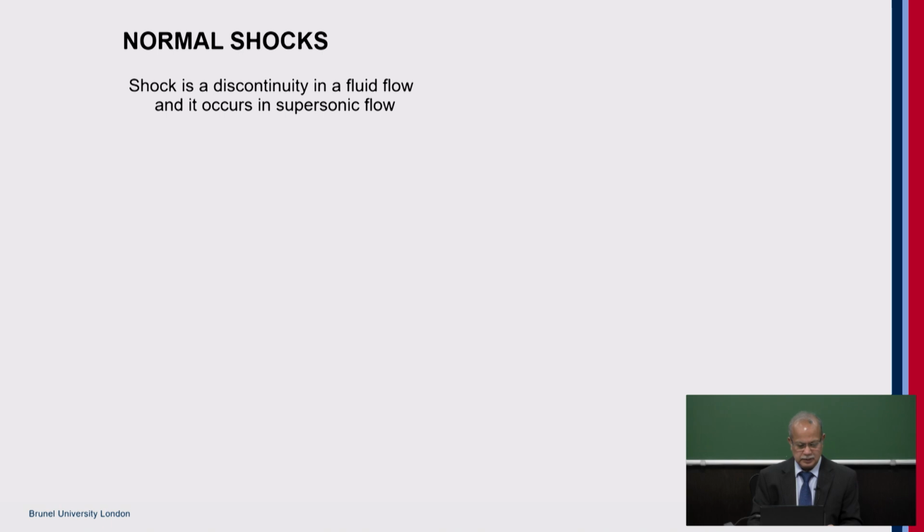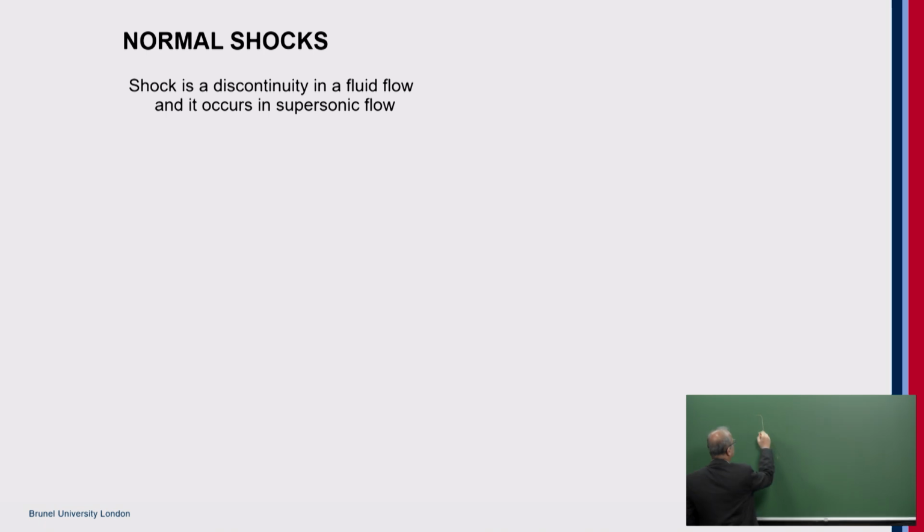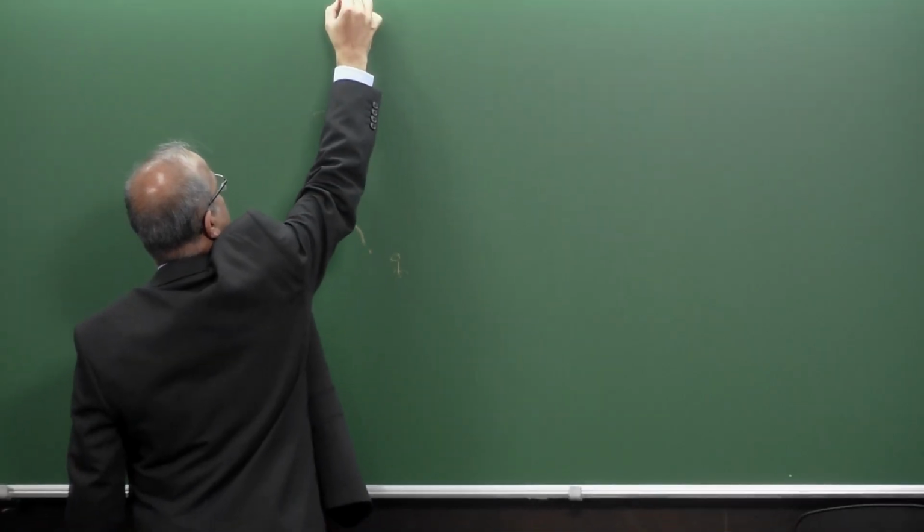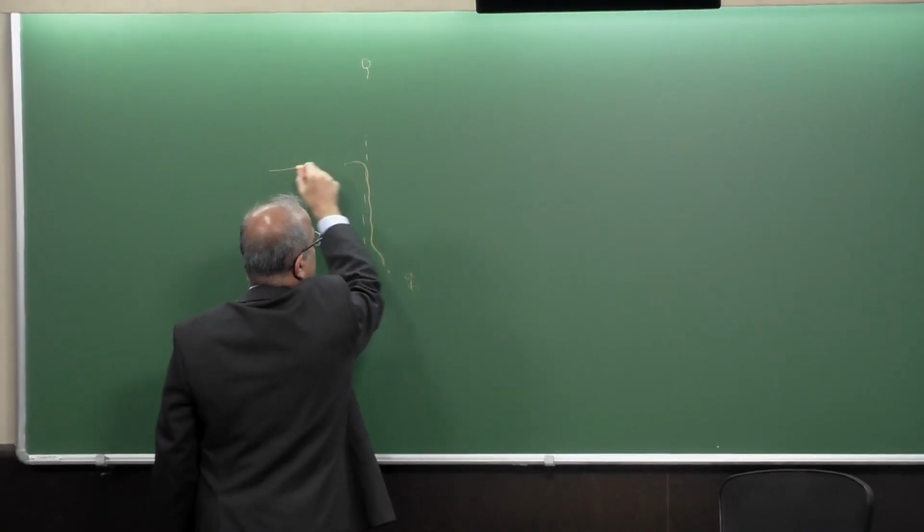So as I said, it is kind of a discontinuity. For example, imagine you're looking at a waterfall. In a waterfall, the water is going to fall. So here you are, and when you are up here looking down, this is what you'll see.